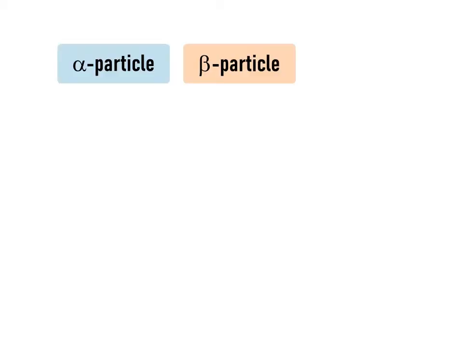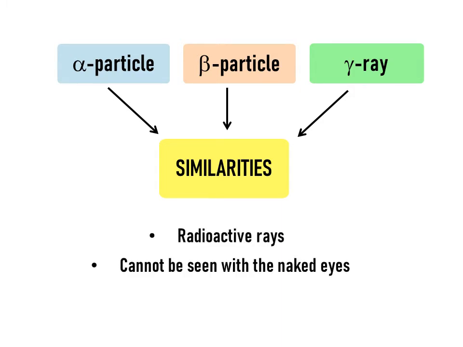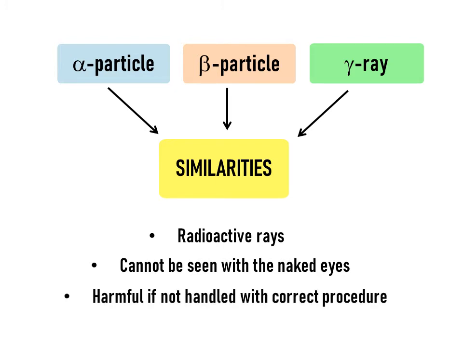Before we look into the differences between alpha particle, beta particle, and gamma rays, let's go through the similarities between these three radiations. All of these radiations are radioactive rays and they cannot be seen with the naked eye. Since they are radioactive rays, they are harmful if not handled with correct procedure.